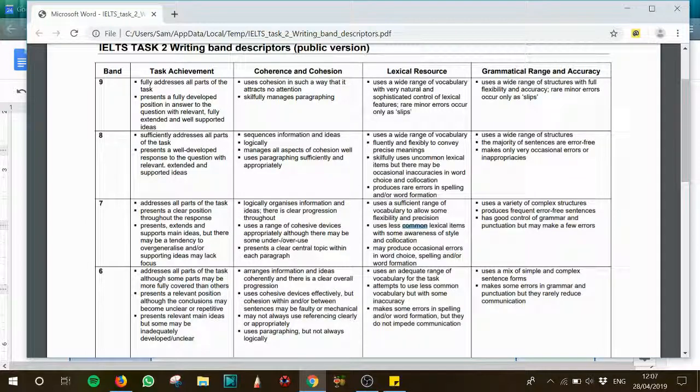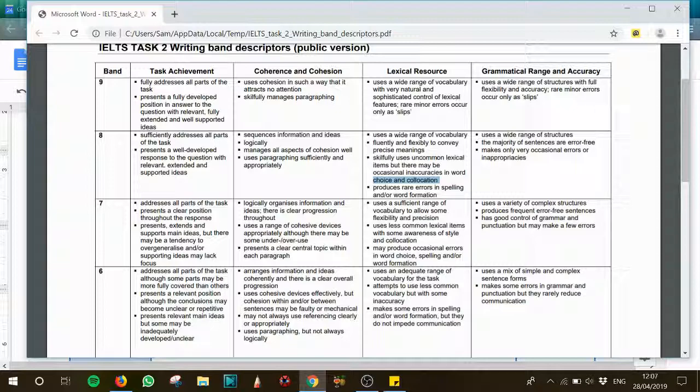Let's check band 8. Occasional inaccuracies in word choice and collocation. I think that there are definitely occasional inaccuracies, and that's true of the collocation and the word choice.